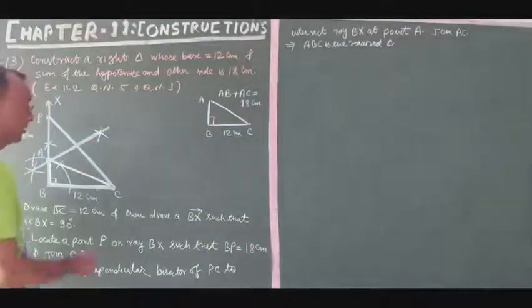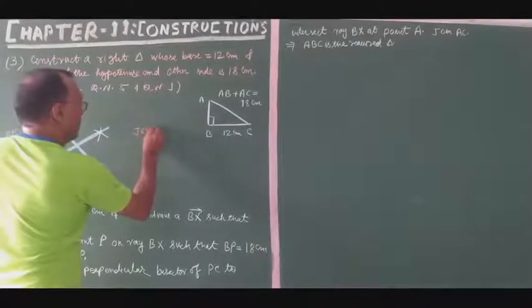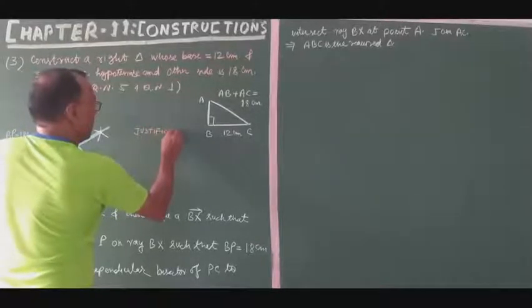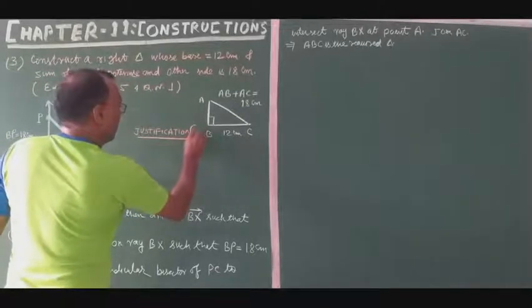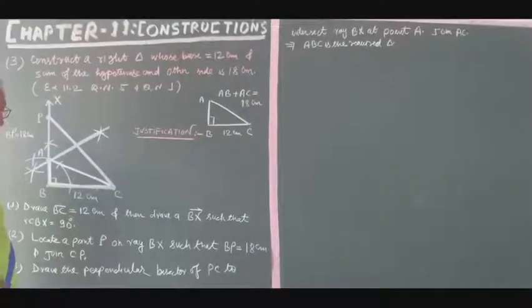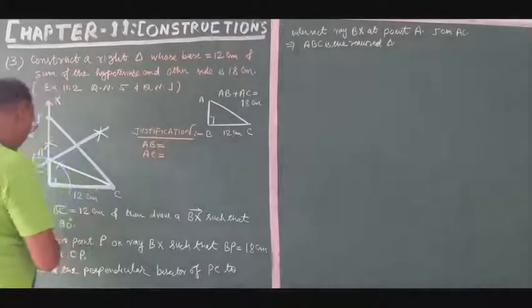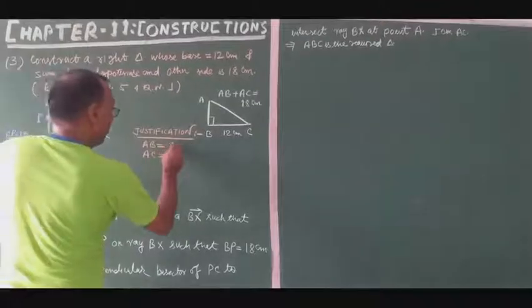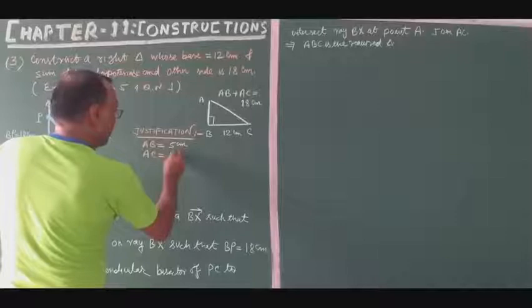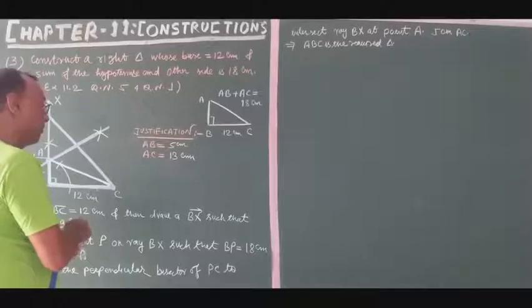Now the next thing, justification of this. We can write here justification. Just look at the justification. What will we do? We will measure AB and we will measure AC. So this AB will come 5 centimeter and this AC will come 13 centimeter, and finally what will we write?